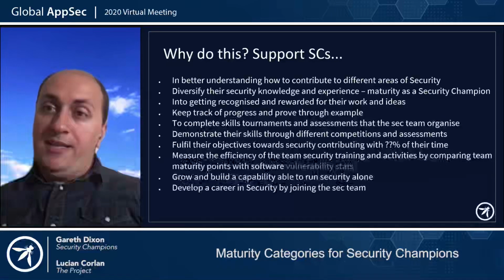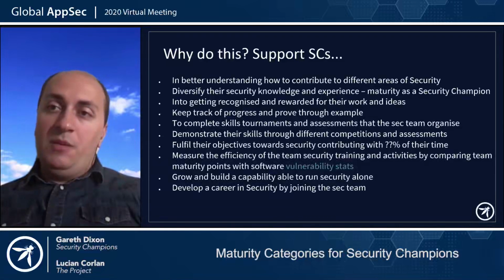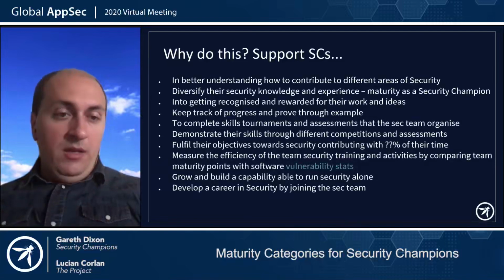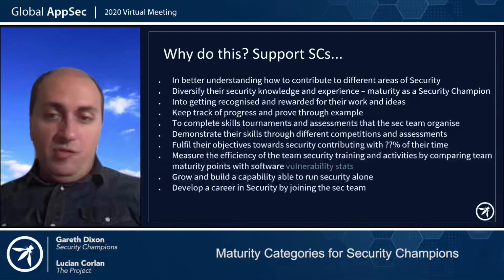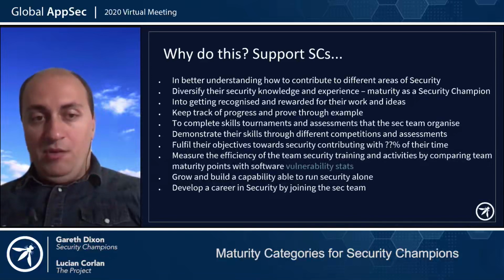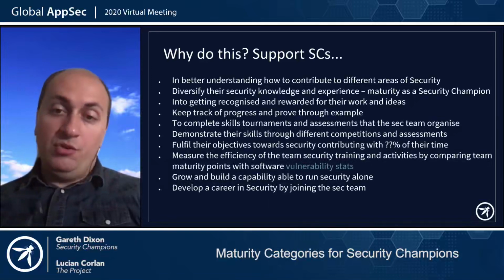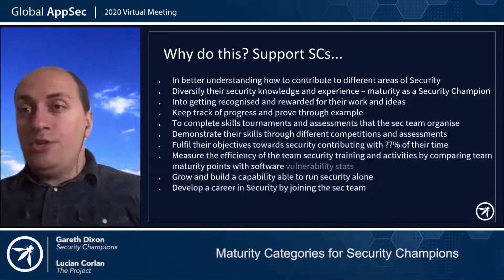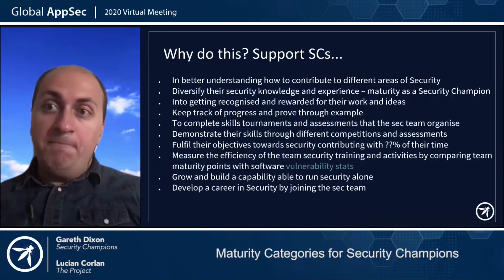It will offer an exact view of what these champions are really spending their time on. And as you can see, one of the points on the slide says that this project will help security champions fulfill their objectives towards contributing how much percent of their time to security. Now in Sage it is 10%.